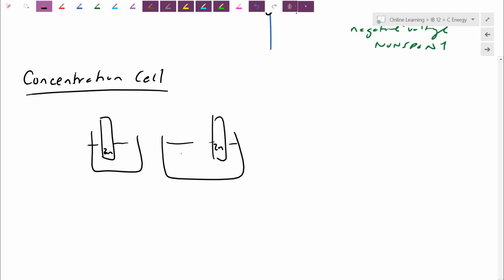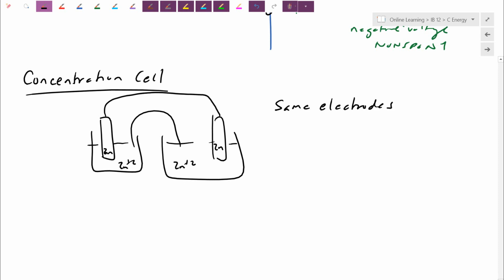The potential reactions are zinc 2 plus. I still hook up the voltage with the salt bridge. That's a concentration cell because we have the same electrodes, the same material that makes up the metal plate, in the same electrolyte, the same solution. But the difference, why they're called concentration cells, is that the two sides will have different concentrations.